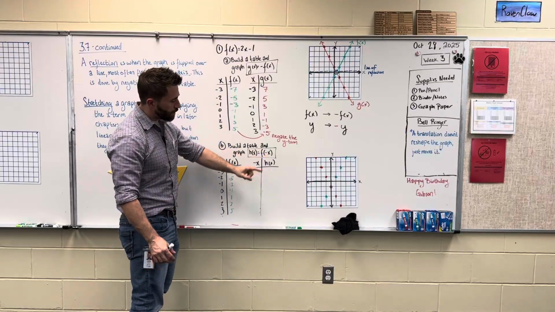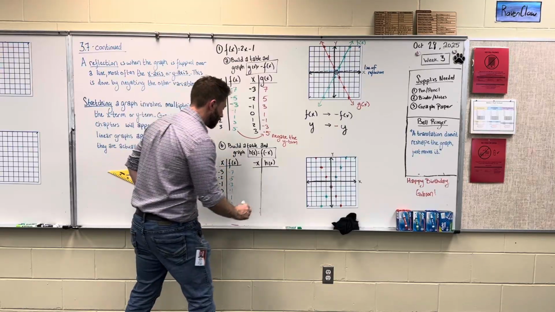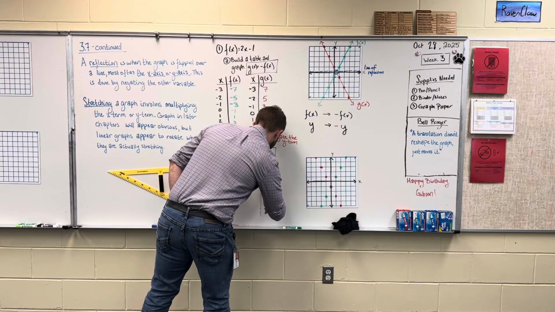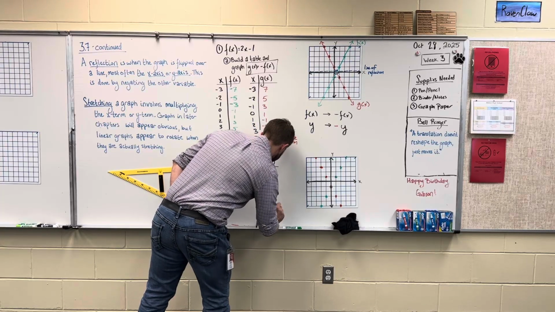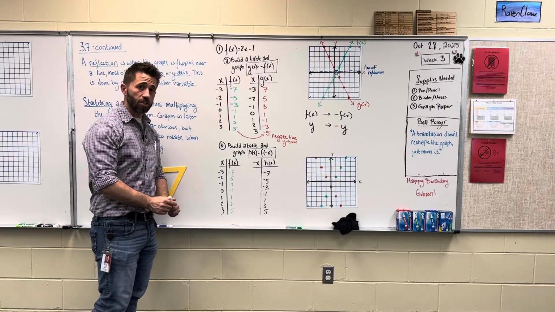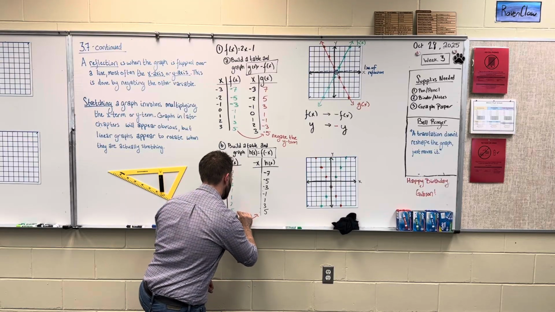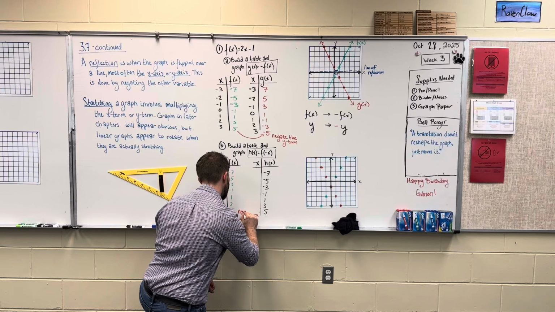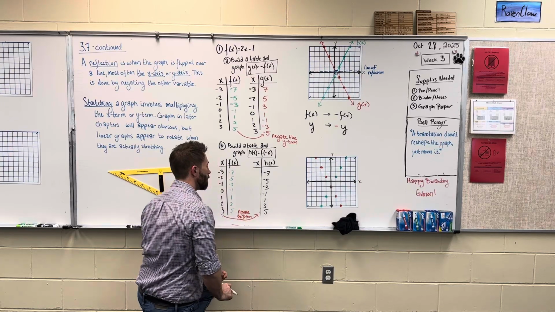Well, in this case, if I'm changing my input and not my output, I'm going to keep the original output: -7, -5, -3, -1, 1, 3, and 5. I kept the output. What I'm going to change is the input. So let's take each one of these and negate the x term.